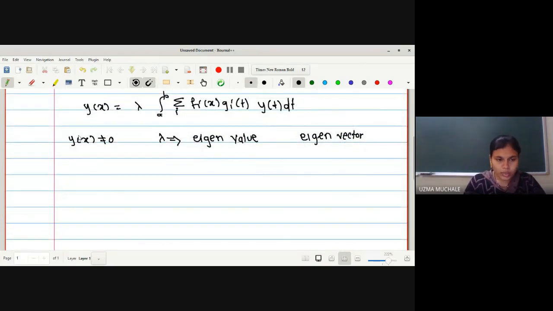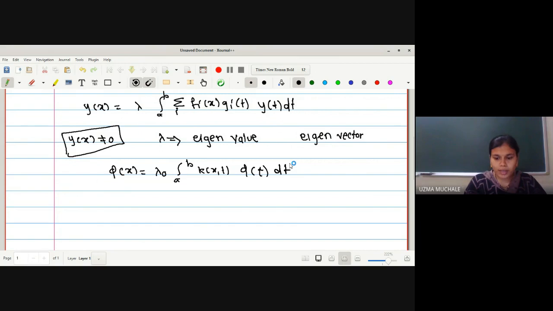Now let us go for the case where y of x is non-zero, or rather we are going to study the non-trivial solution. Let us assume that phi of x is a solution corresponding to, say, lambda naught, in such a way that it can be written as k of x, t into phi of t dt.